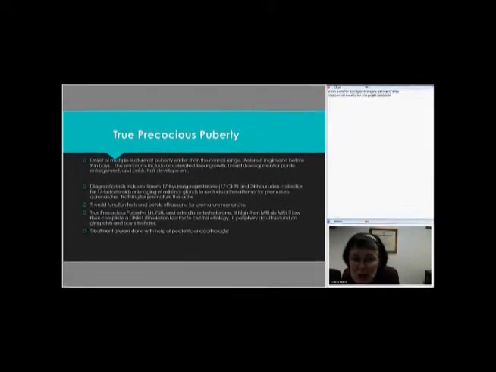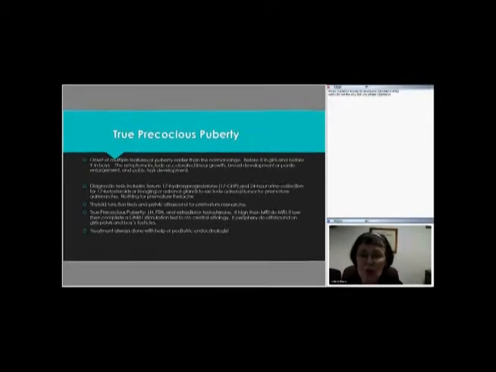True precocious puberty is the onset of multiple features of puberty earlier than the normal range, before 8 in girls and 9 in boys. The symptoms include accelerated linear growth, breast development, or penile enlargement, and pubic hair development.